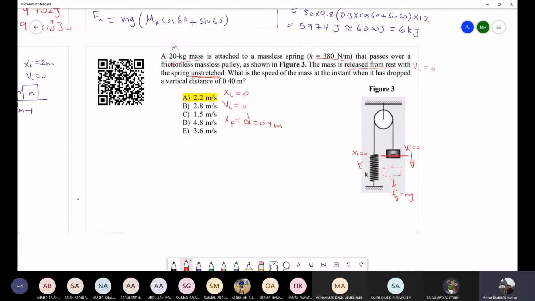What will happen in the spring? It will be stretching, right? To x final, which is equal to 0.4. This 0.4 is similar to D, so this distance is the same as this distance. When it reaches this level, what is the velocity? This is the question.